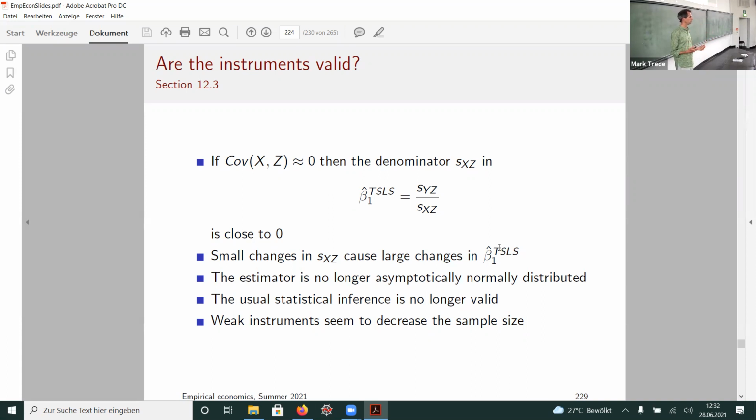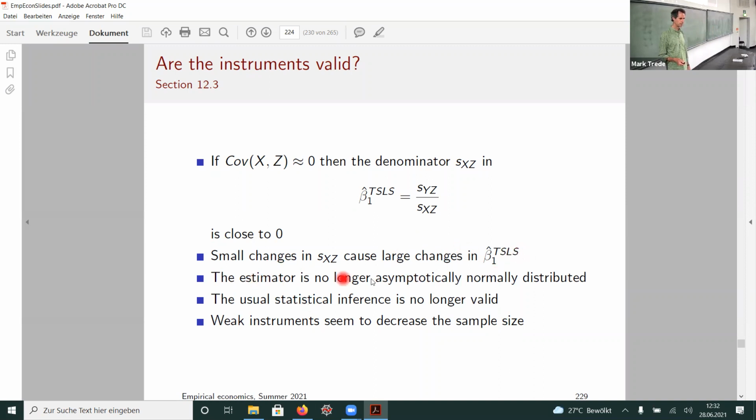And if you want to perform a test, you take the estimate, you subtract the hypothetical value, and you divide by the standard error. And again, you use the critical values plus and minus 1.96. That's very easy, that's just standard. But if the instruments are weak, then this won't work.